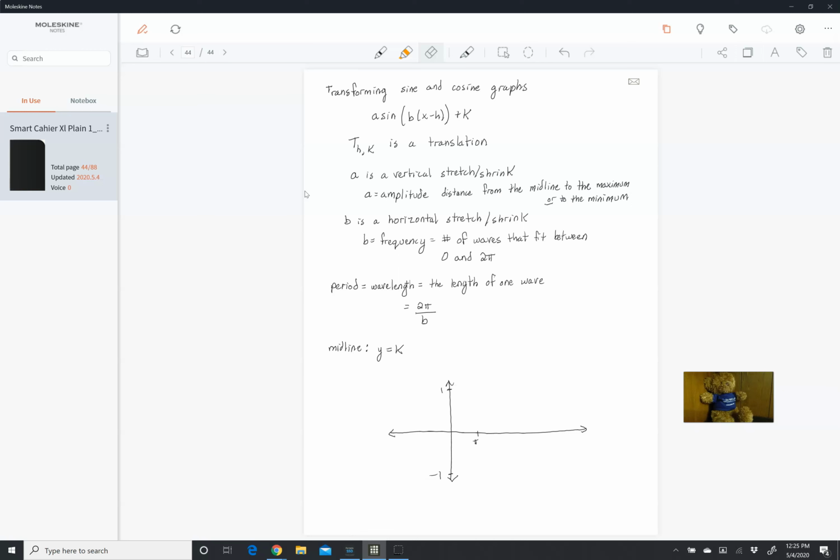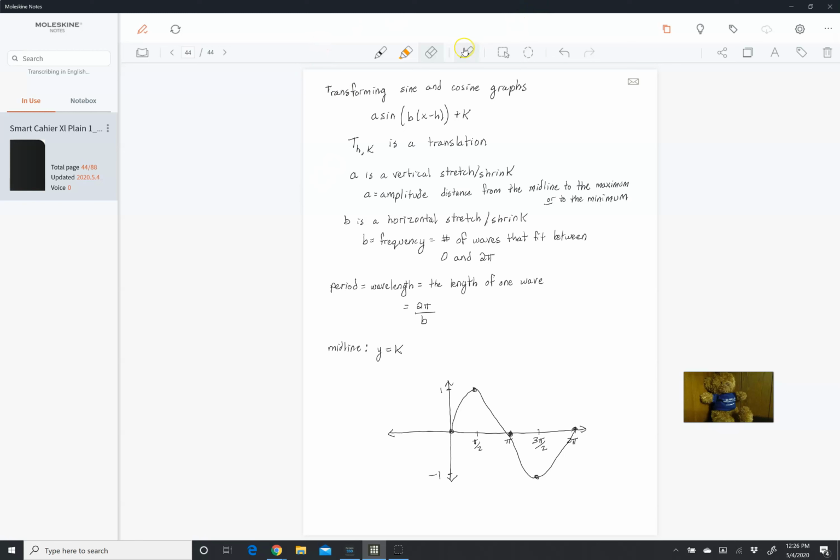Here's our pi over 2, here's our pi, our 3 pi over 2, and our 2 pi. Here's our graph. So we're just going to mark off the midline and the amplitude.